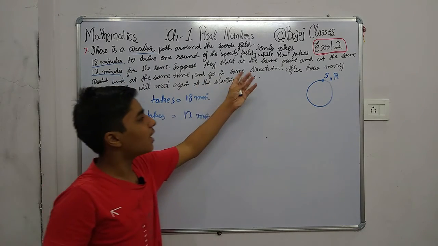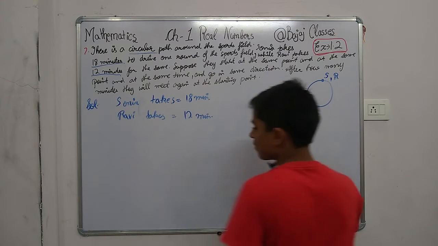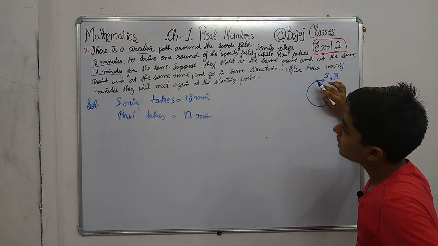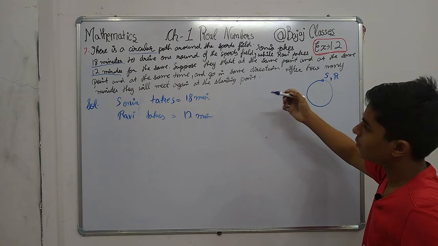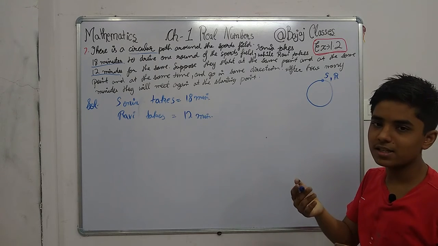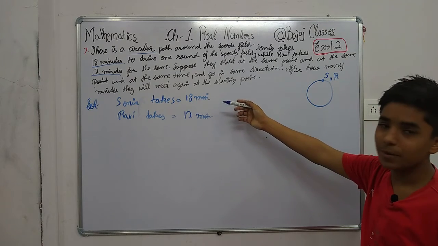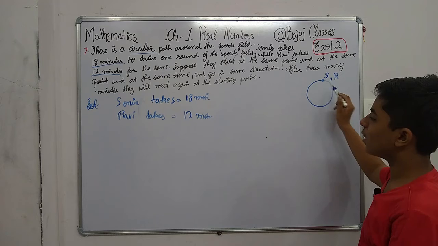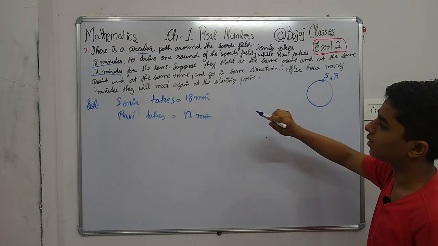So suppose they start at the same point. We suppose they start at this point at the same time, as a race, and they complete a round in 18 minutes and 12 minutes respectively.